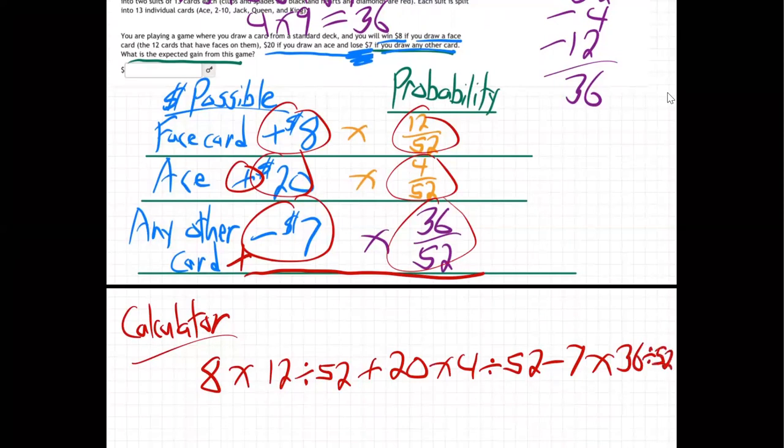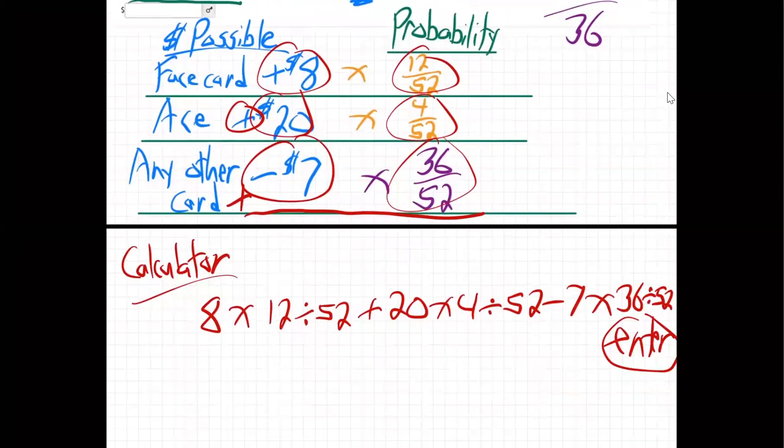I'm running out of room here, and then hit enter. I will do that right now. And I'm getting the following answer.